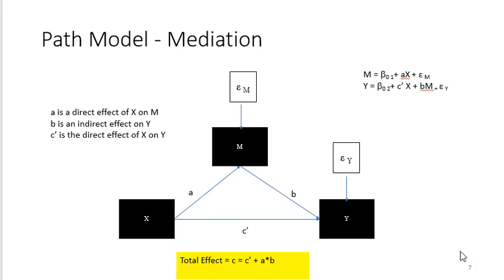So if we were just to regress Y on X without M, the result would provide us with the total effect. The decomposition of that total effect of X on Y into the direct and indirect effect is called a mediation analysis, and M is the mediator.